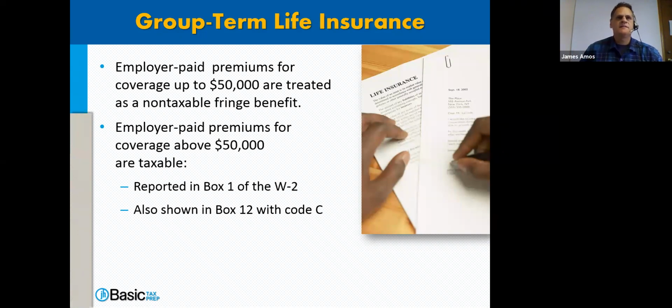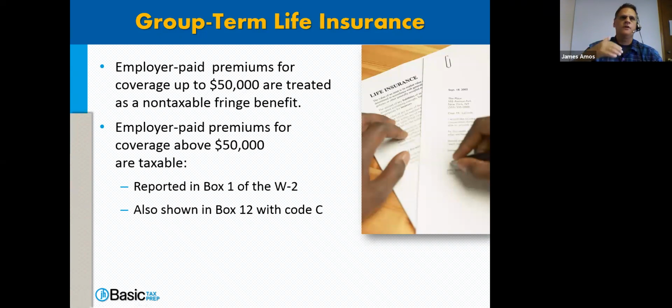Now, let's say instead of $50,000, they're going to pay $50 for $100,000 of coverage. So now rather than paying just $25, which would be tax-free, they're paying $50. So that extra $25 a month will be taxable to you because you've got a higher coverage amount.